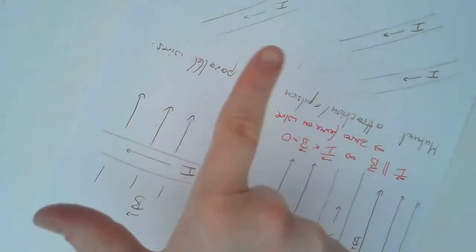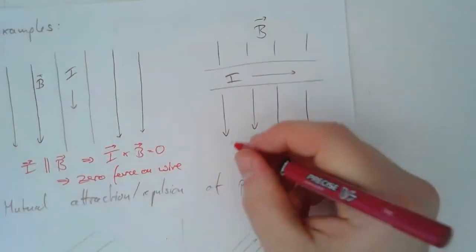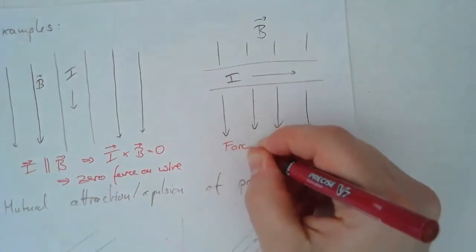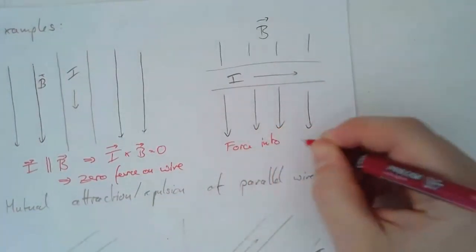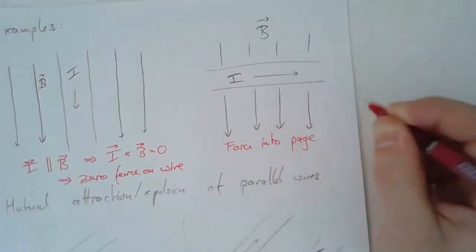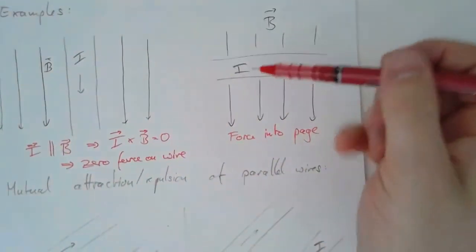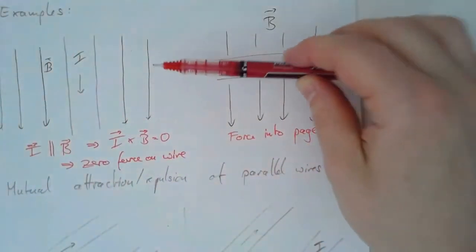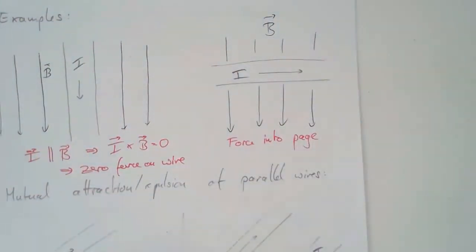I cross B gives the answer down. So the force is into the page. If this were the setup, the force on the wire would be trying to push into the paper, like into the table, the desk.